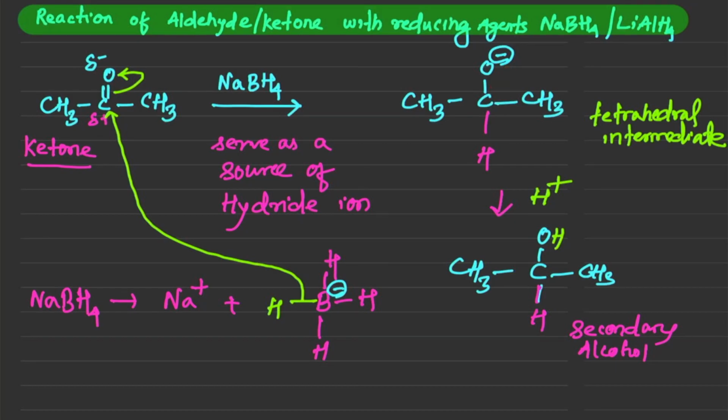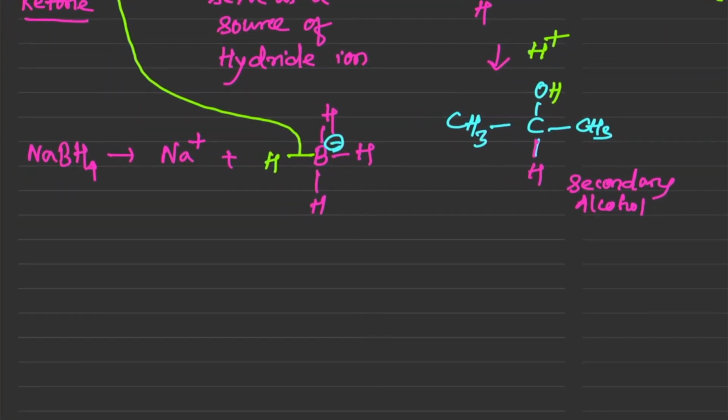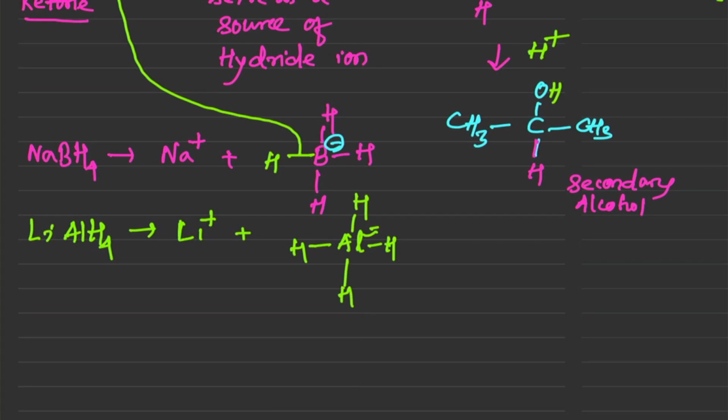But later in the semester, in later videos, when we react an ester with lithium aluminum hydride, you will notice a group will get kicked out. The same thing will happen with lithium aluminum hydride, which serves as a source of lithium plus and a source of hydride ions, H, H, H, and H. So there will be a negative ion here.